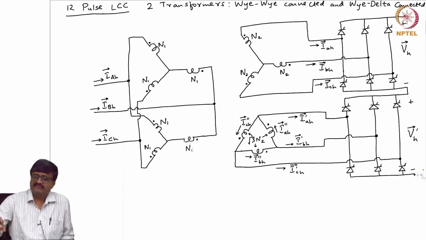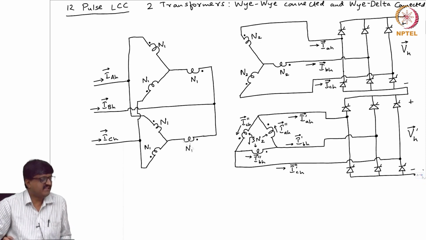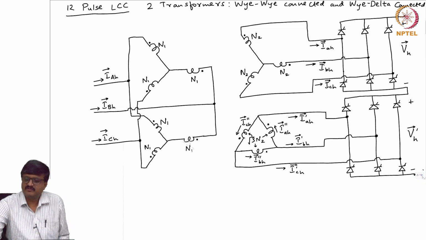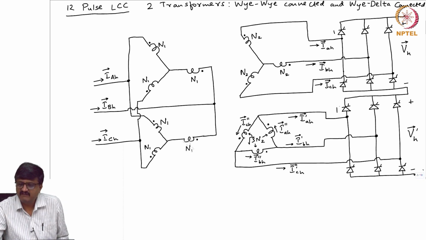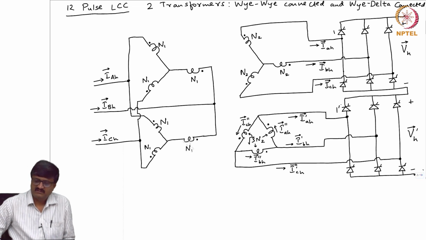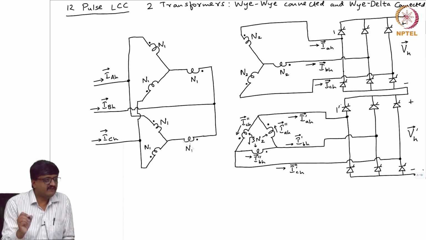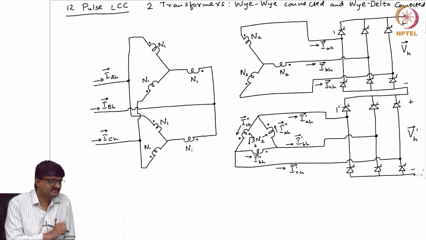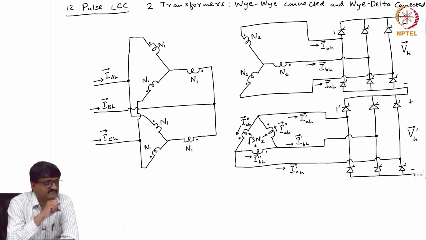Now, if I give gate pulses at some instant to the first LCC, suppose I say this is valve 1 of the first LCC, this is valve say 1 prime. Now, if I give the gate pulse to valve 1 at some instant, do I give the gate pulse to valve 1 prime at the same instant? If not, when should I give? 30 degrees.